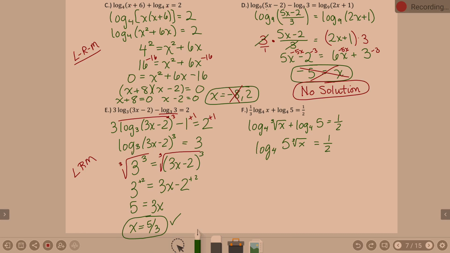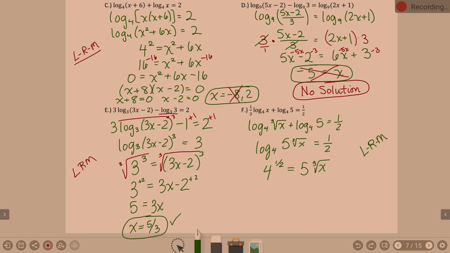Okay. Now what? Left or middle, right? We have to get it out of log form. So we're looking at left, right, middle. 4 to the 1/2 on the left, right, is equal to 5 times the cube root of x, your middle.